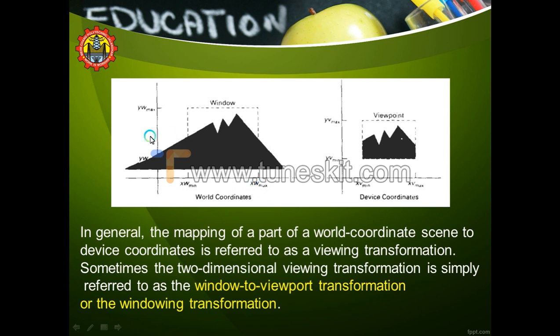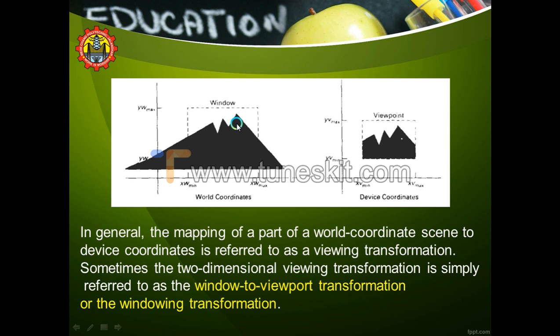Same in terms of y coordinates: this is yw minimum and this is yw maximum. When these boundary edges are mapped into the viewport, they are called device coordinates. The viewport likewise has an x minimum and maximum range, and a y minimum and maximum range.